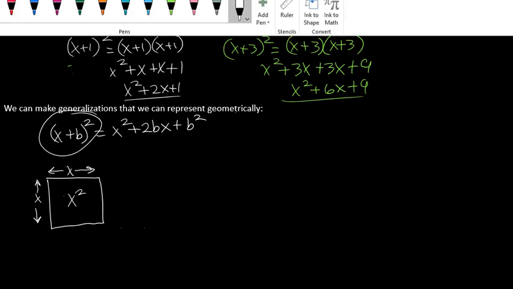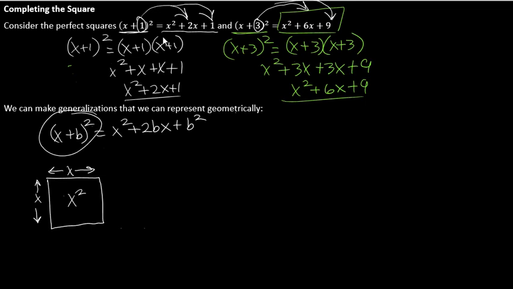Okay, and let's say here in pink, that's the length of b, right? And this guy, obviously, is the length of x. And here we would have another one because we have 2bx, right?